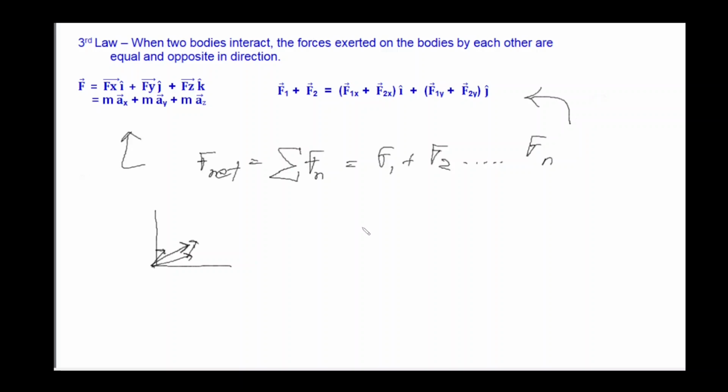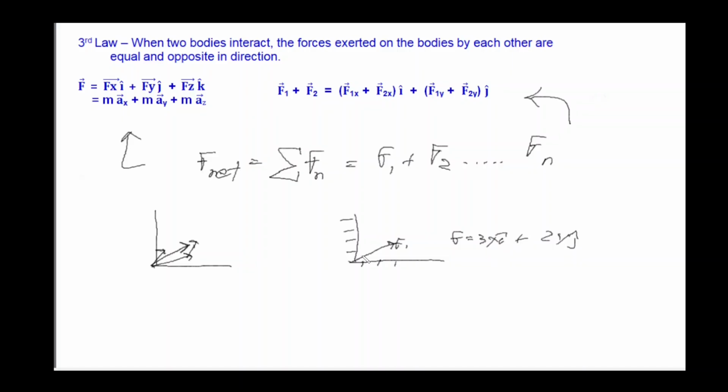So, for example, if we have a vector, let's draw a little diagram, and let's say this one goes up to there, F1 is equal to 3xi plus 2yj.